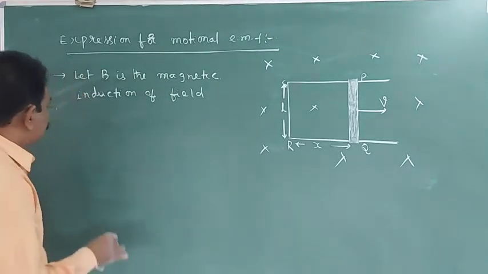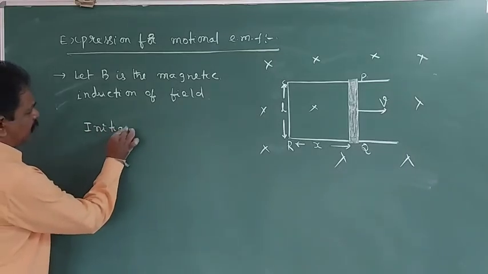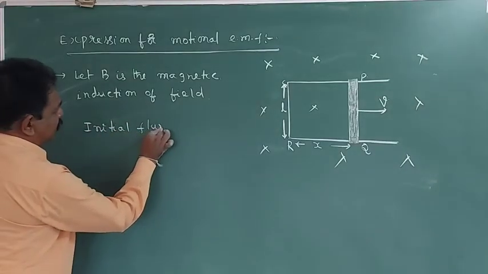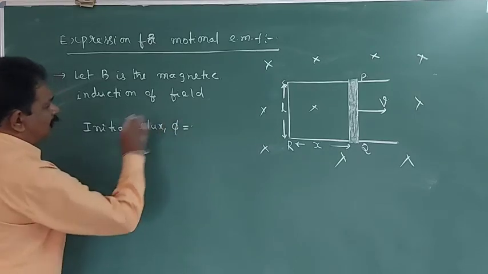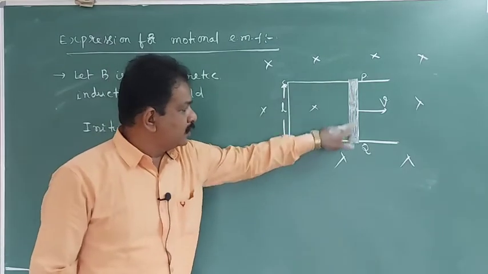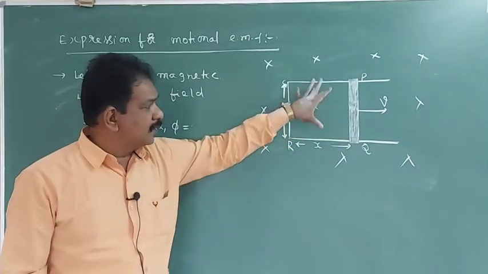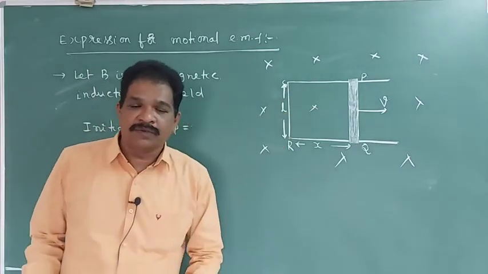Okay. Now what is the initial flux associated with this circuit? This is a closed circuit, na? The rod is a conductor, all these are conductors, so this is a closed circuit.